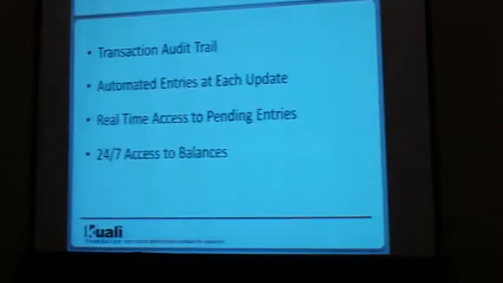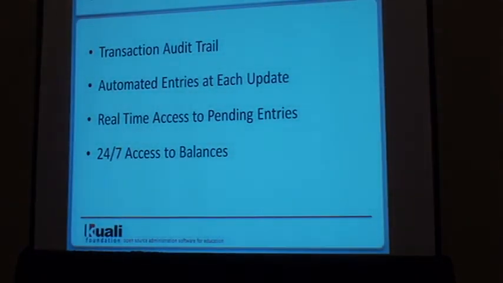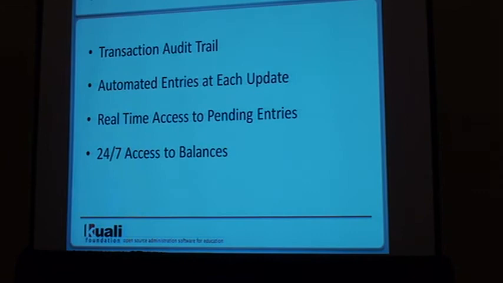There's a transaction audit trail. You can go from a higher level summary, descend lower and lower. You can get back to the month. You can get back to the individual eDoc transaction that caused that value in that sub-account or that account or that sub-object code or that object code or that grouping of object codes.